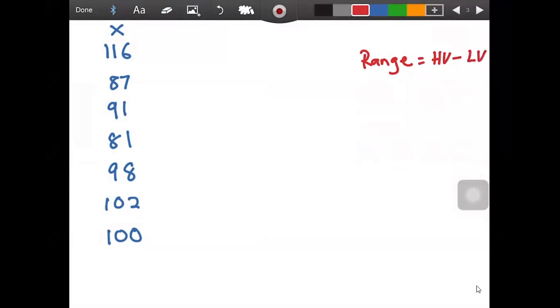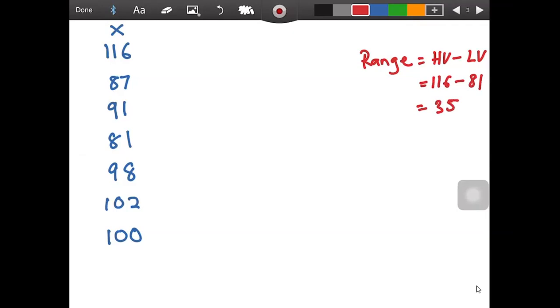So here, highest value is 116. 116 minus lowest value will be 81. Berapa? 35. Okay, 35 the answer.